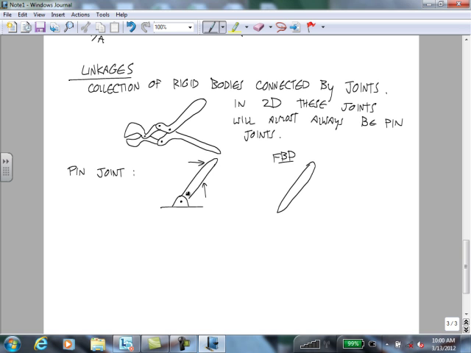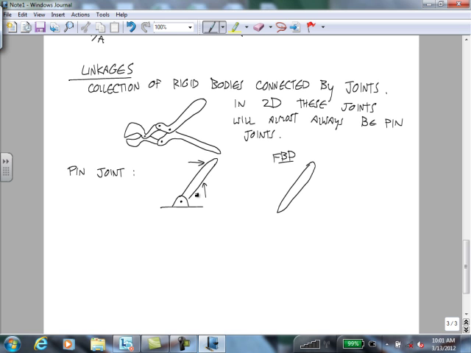The way to think about the loads that are provided by any joint is to think what motions are not allowed by that joint. Whatever motions aren't allowed, the joint has to provide a load that restricts that motion.